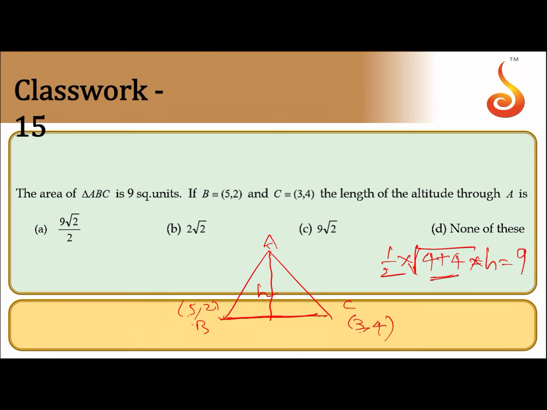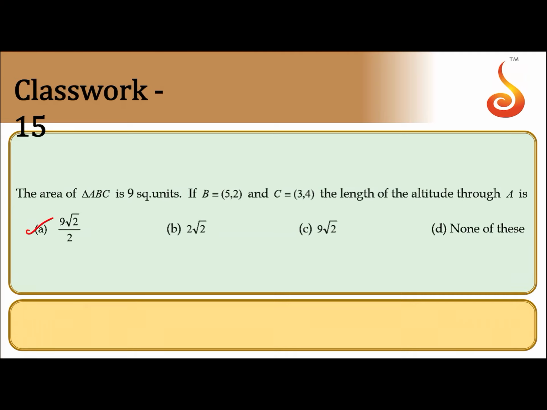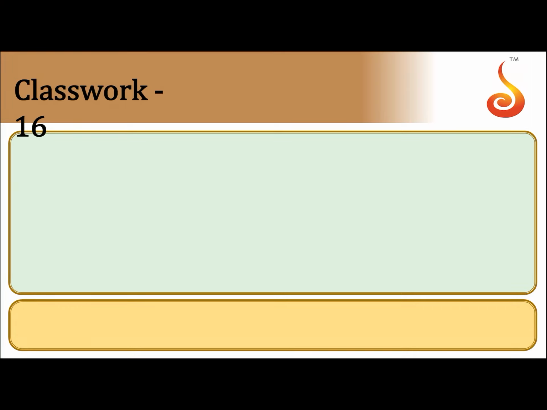So the base is 2 root 2, and the 2 gets cancelled. Therefore root 2 h is equal to 9. Therefore h is equal to 9 by root 2. The first option satisfies the condition here by multiplying and dividing by root 2. So the answer is option A.